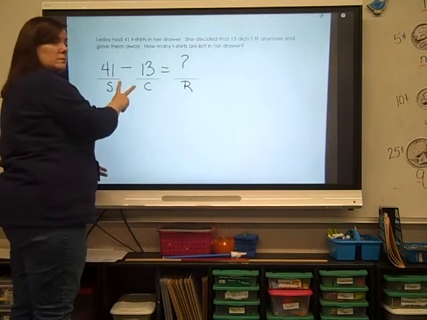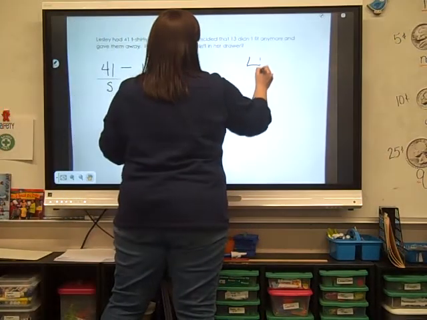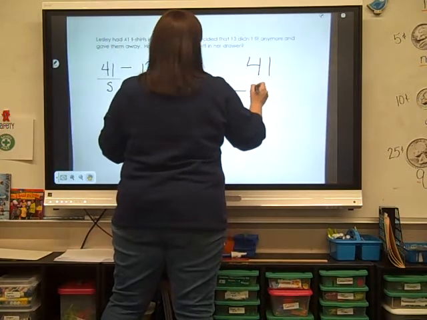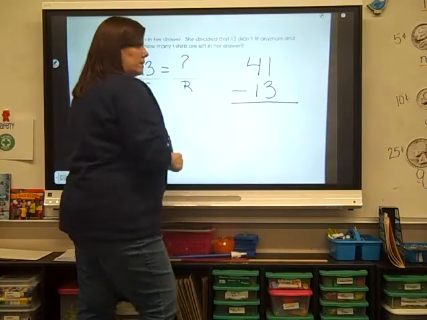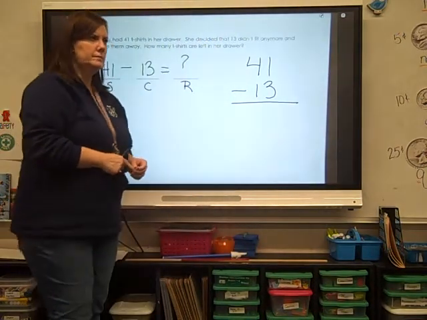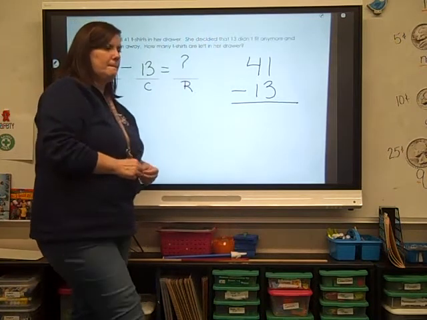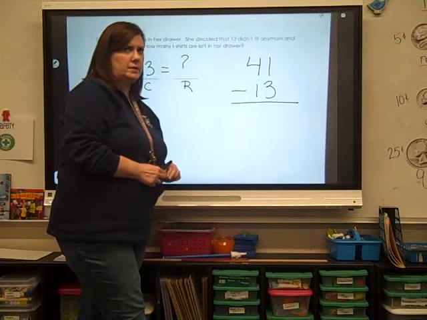Yeah, I do. So I can just write the problem. So let's come over here. 41 subtract 13. Can I do 1 subtract 3? No, you do it. Stop the video if you need to, okay?